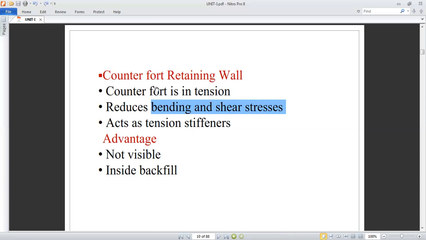This counterfort is placed at regular intervals, and the spacing is usually equal to or slightly larger than the height of the counterfort. As I said, the counterfort is in tension; it is a tension stiffener member.